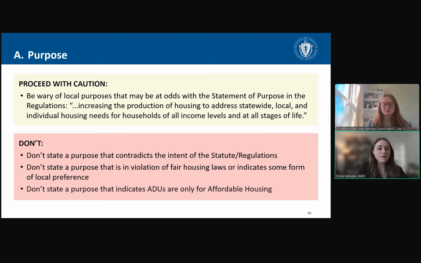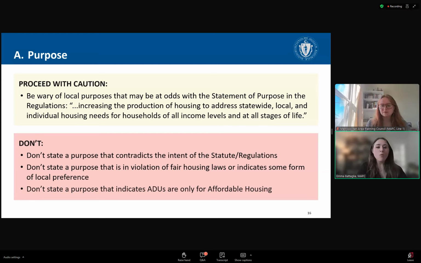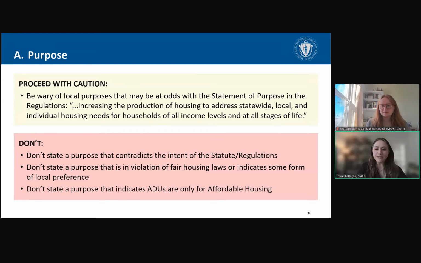You'll also not want to state a purpose that indicates ADUs are only for affordable housing. While we know how important affordable housing is and we have a dire need for it, that would be an example of a regulation that would be prohibited because of the financial burdens that would impose on a regular property owner.